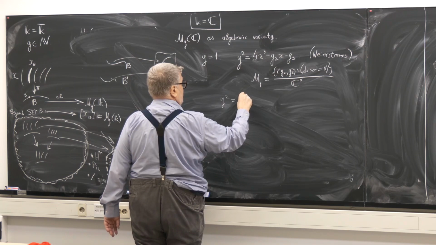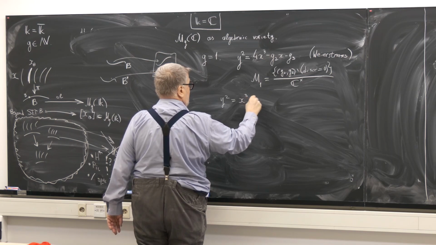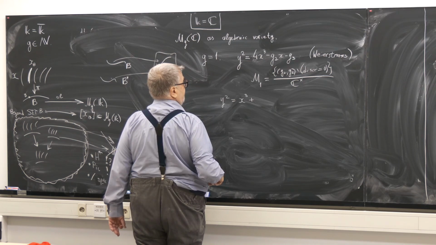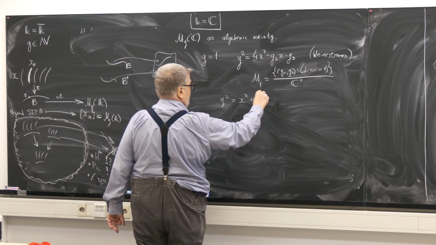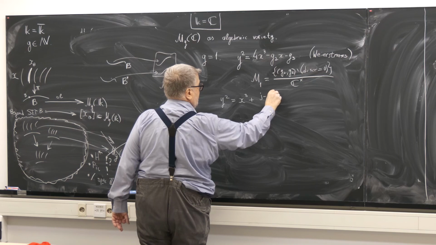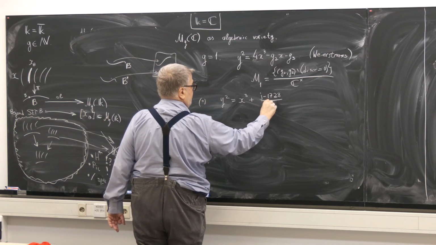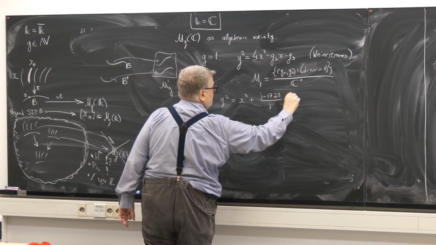I believe that it is like this: plus j minus 12 cubed over j, maybe a bit differently, j times x plus 1.